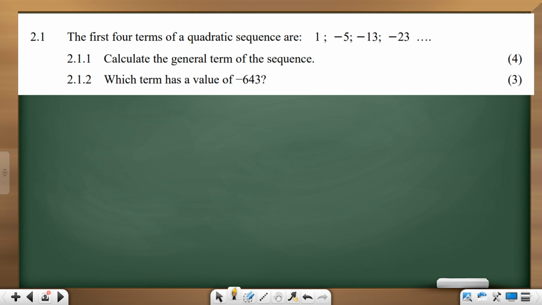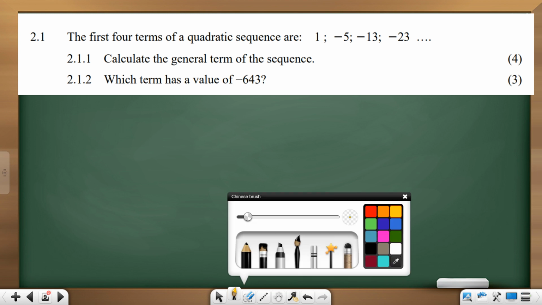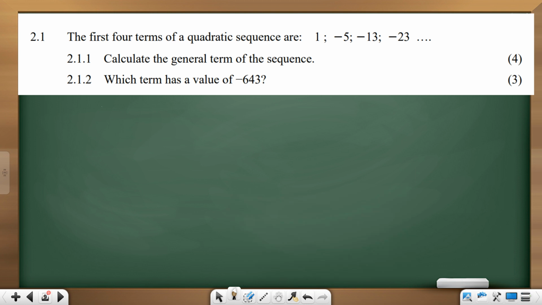Okay, and this is a quadratic. In fact, guys, these 4 marks must be well received and well attacked. It's a quadratic. Can I just go straight to solve it now, right? 1, -5, -13.